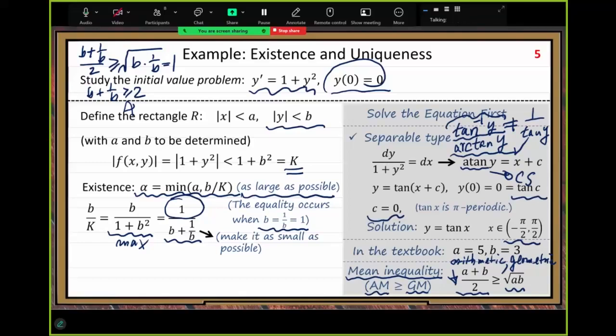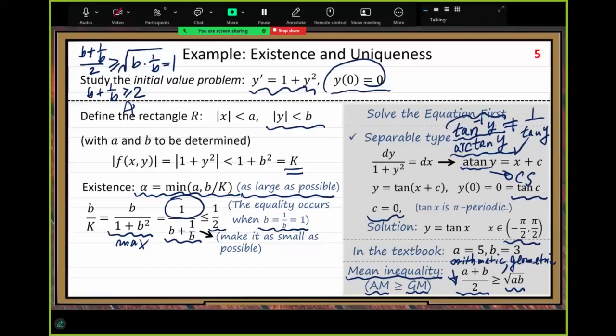So now we go back to our ratio. The ratio should be less than or equal to 1 over 2, because your denominator is greater or equal to 2. So the smallest denominator is 2, which means the largest fraction value is 1/2.